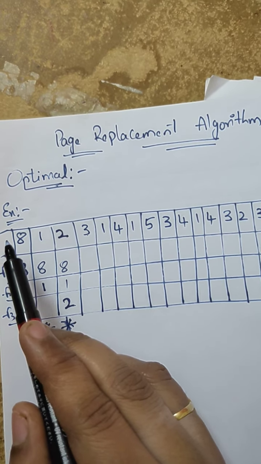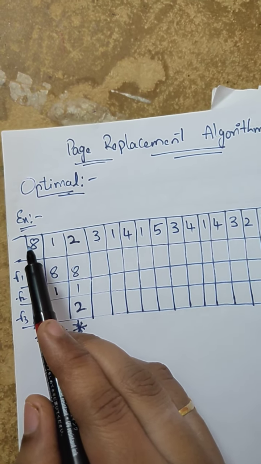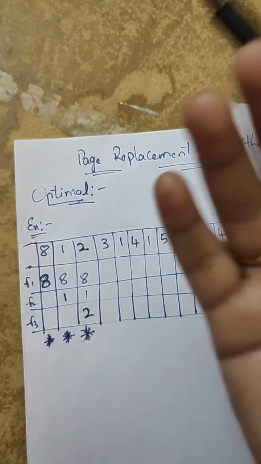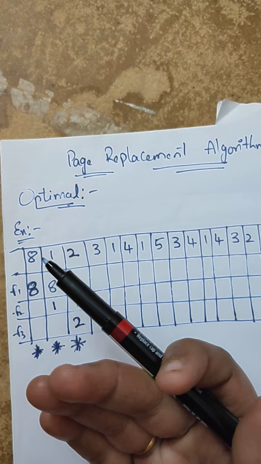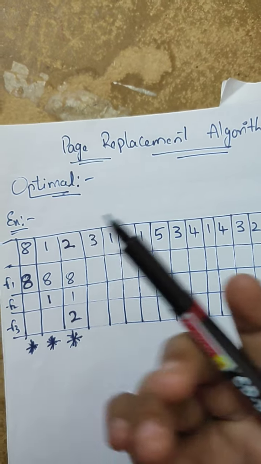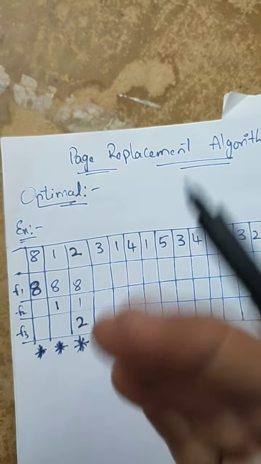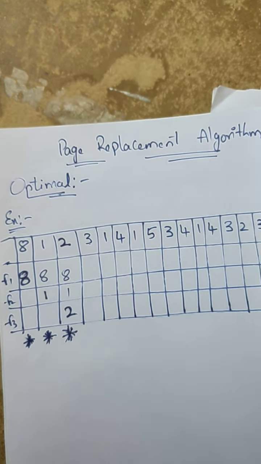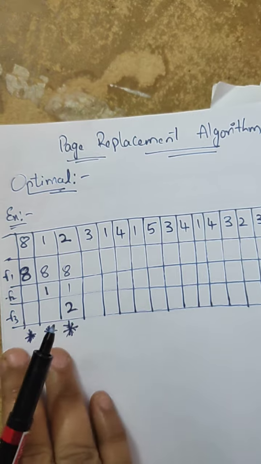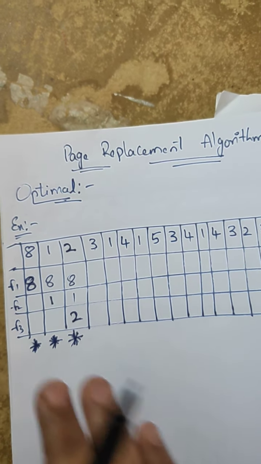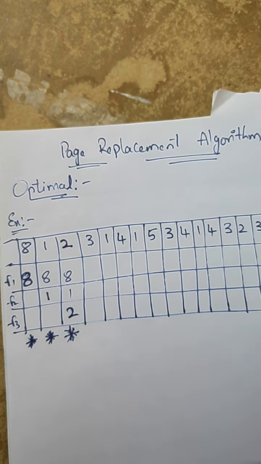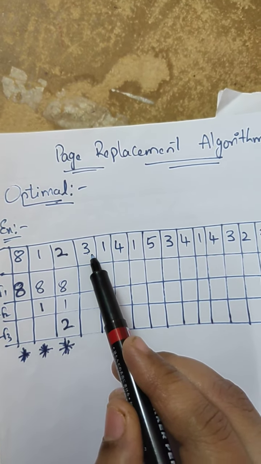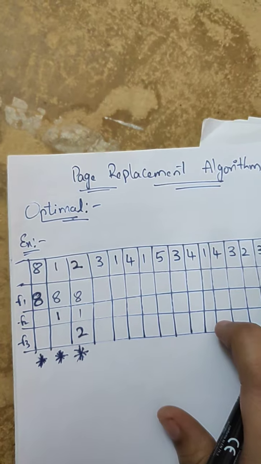In FIFO, the concept is that the first page that entered is the one that is going to be replaced. Whereas in least recently used, we search between the most recently used and the least recently used, and there we replace the pages. Now in optimal, we search towards the right side.